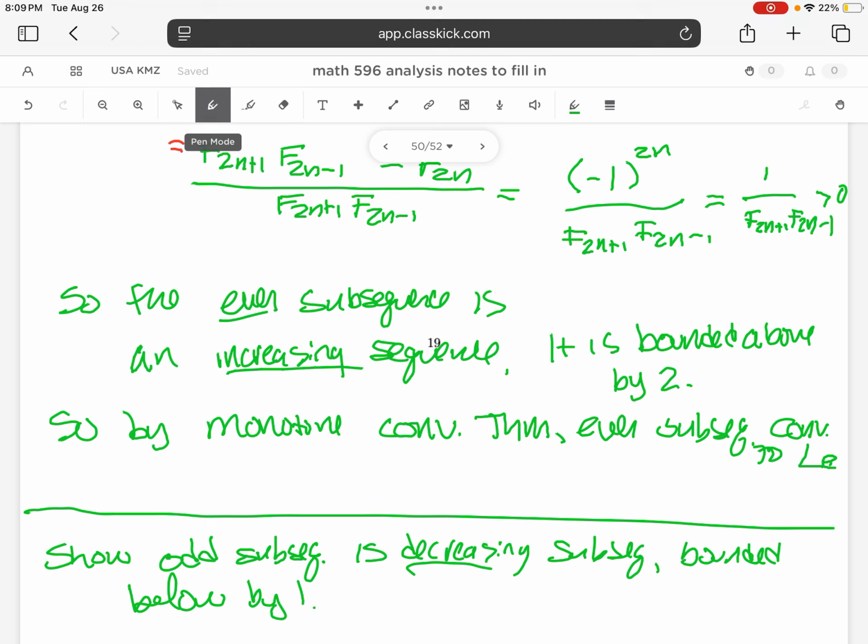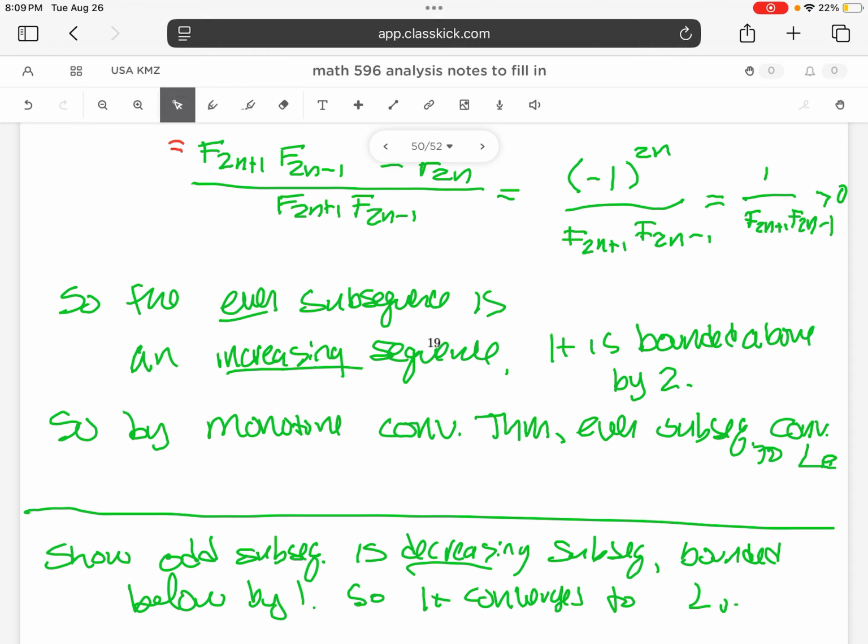So again, by the monotone convergence theorem, because it's decreasing and bounded below, it's also going to converge to some limit L sub O, for the odd subsequence limit.